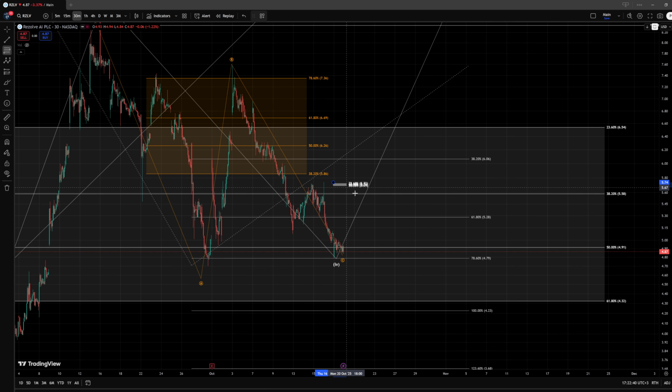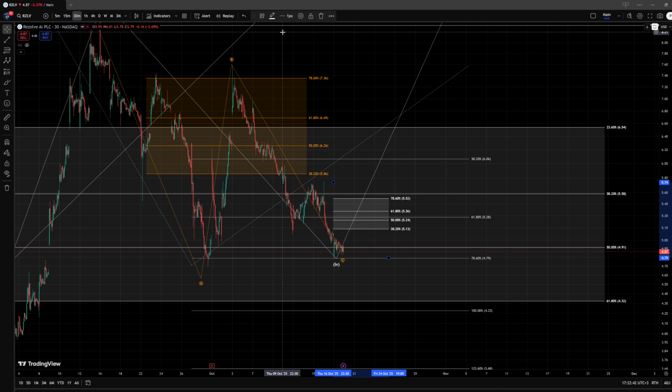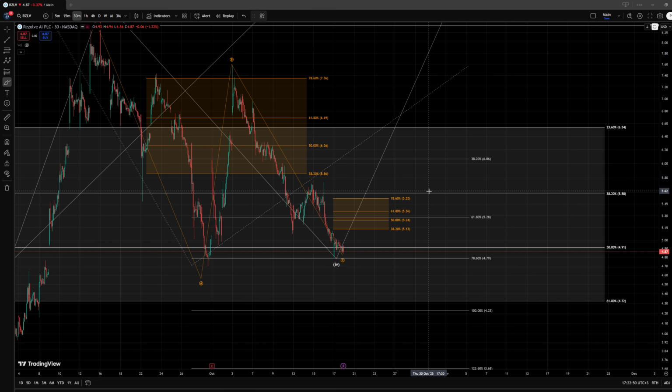And in that case, I could be looking for resistance here in the area between the $5.13 level all the way down to the $5.5 level at the 78.6% retracement. If we manage to break that, I believe it would be one of the first signals to watch out for a breakout in the wave 5.